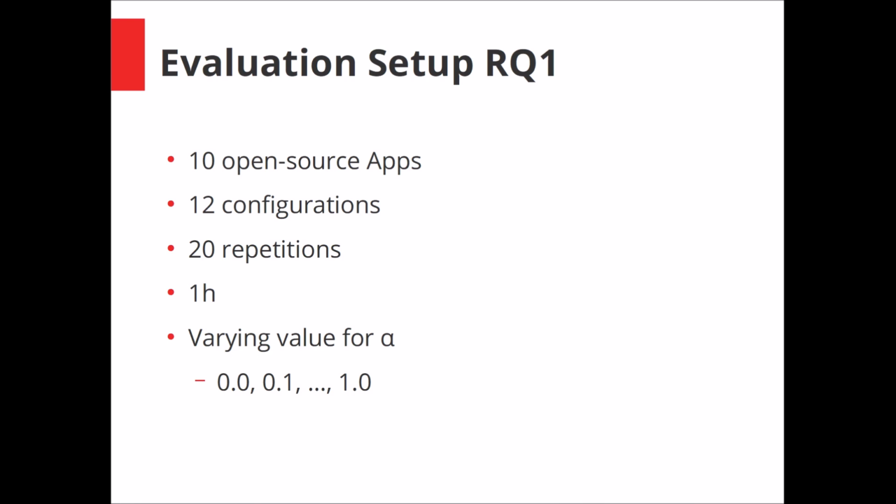The 12 configurations were formed by varying the motif action weight parameter alpha from 0.0 to 1.0 by a stepwise increase of 0.1. These are 11 configurations, and the 12th strategy is configured such that it only sends UI actions and serves as a baseline.